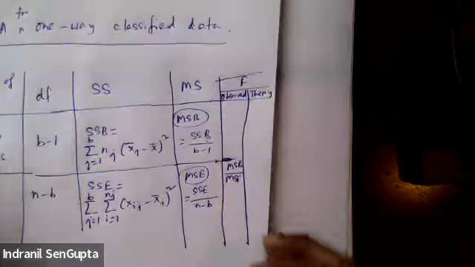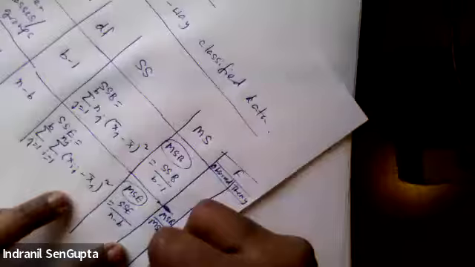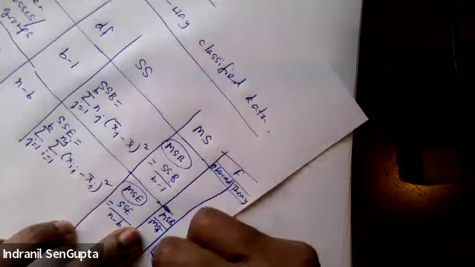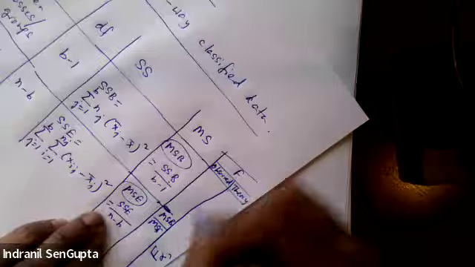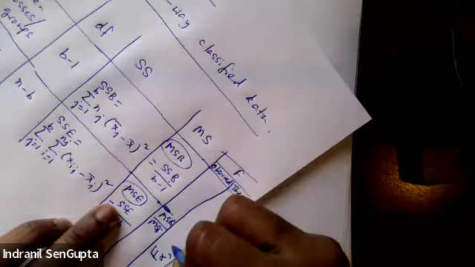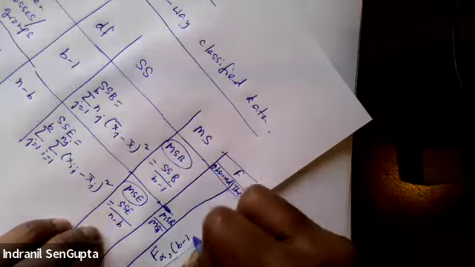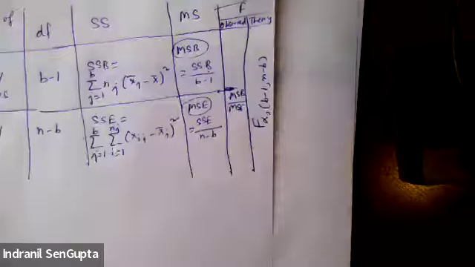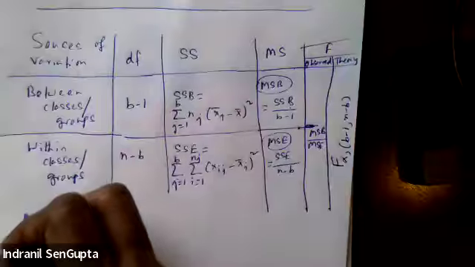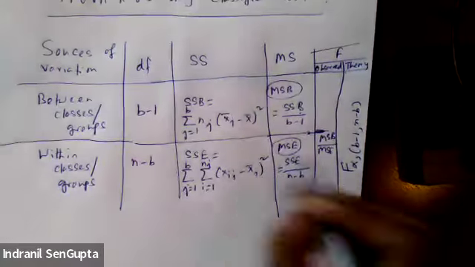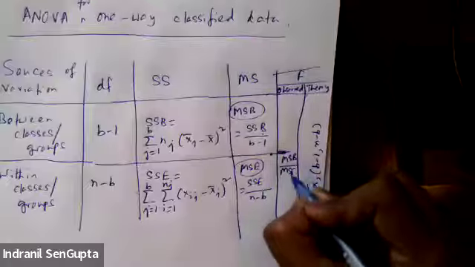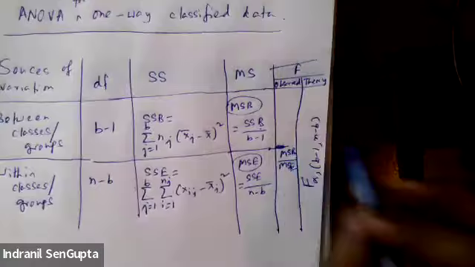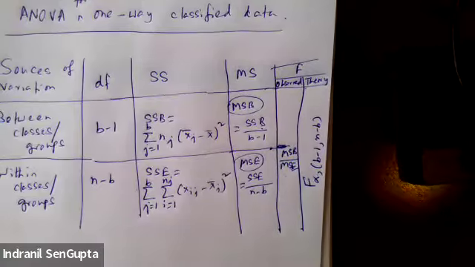And what is the theoretical value we are talking about? It's an F critical value at significance level alpha, where the numerator has b minus 1 degrees of freedom, and the denominator has n minus b degrees of freedom. So that is the observed value, and that's it. If this value is bigger than this theoretical value, then we reject the null hypothesis. If this value is less than this one, we accept the null hypothesis.